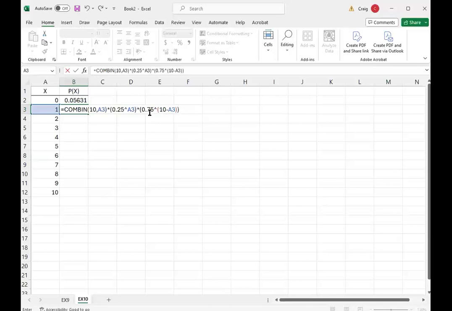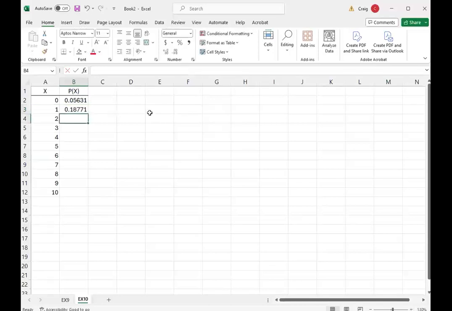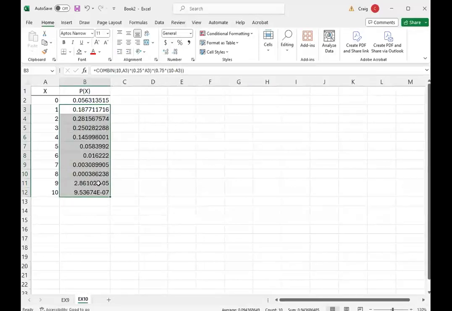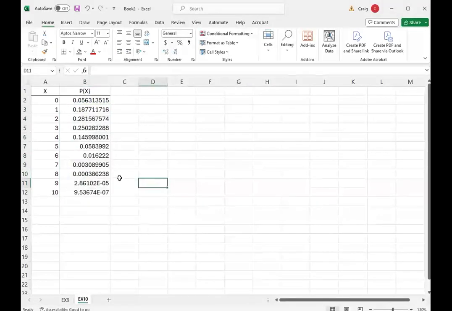Then we close the parentheses. Now, there's our probability of guessing 1 correctly. But the good part is that because we built in the Excel links to this cell, now we can just click and drag and we'll get all of them, including those really small ones at the end, including the 4 that we calculated before.